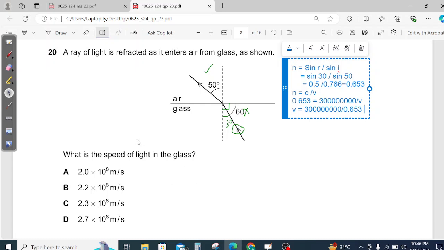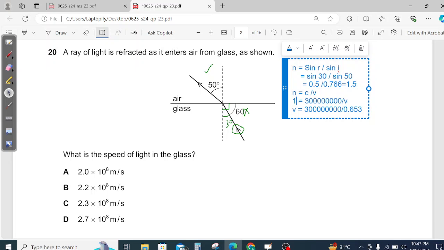Okay, your answer will be 1.5. The calculator is making a mistake. I will solve it again. Sine of 50. So 1.5 is here. The calculator was making a little bit of a mistake.